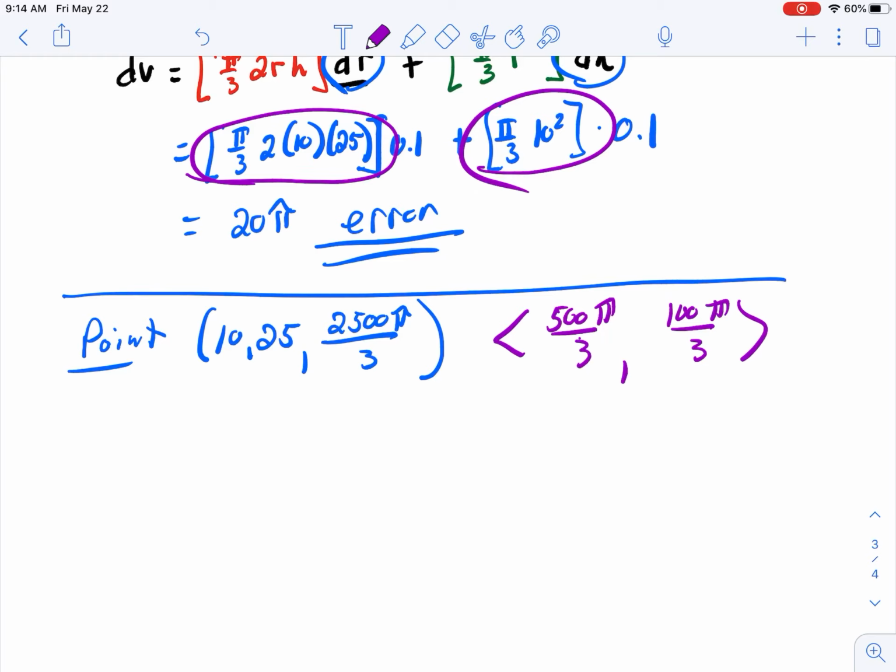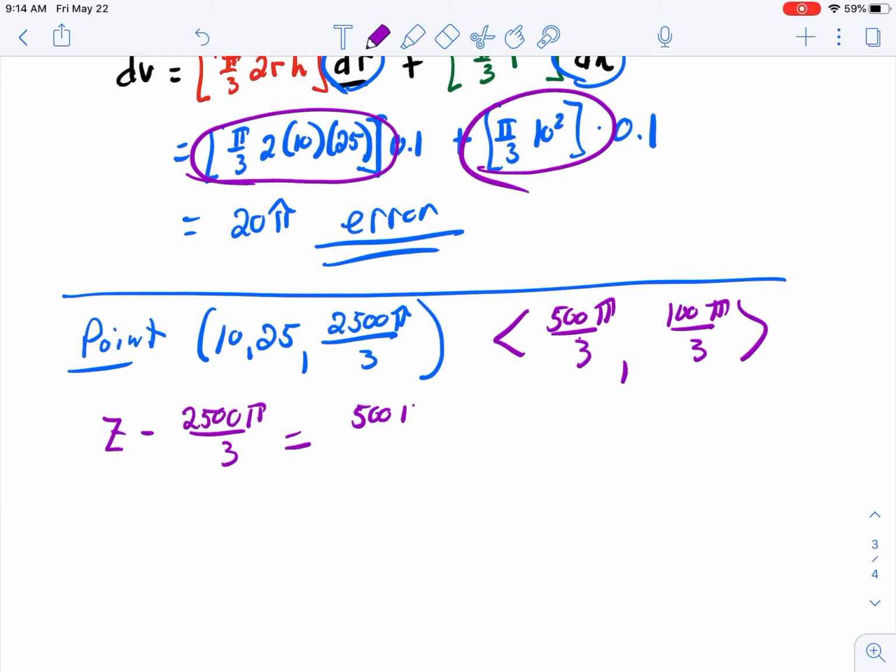Okay, so now let's write the equation. It would be z minus 2500 pi over 3. Like I said, I'll move that value over here as soon as I plug everything in.